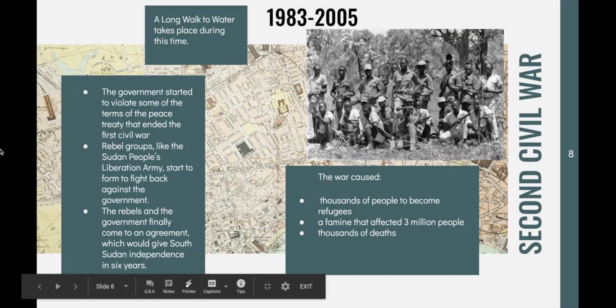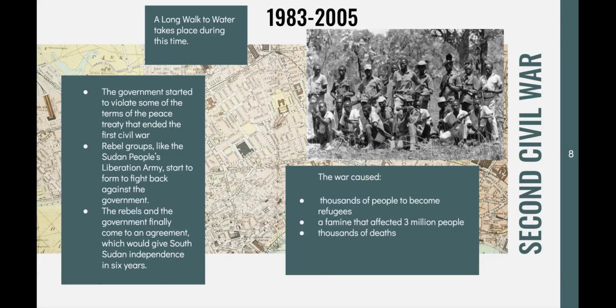That brings us to the Second Civil War. This is when A Long Walk to Water is taking place. So notice this is about 10 years later. Now, this doesn't mean that the fighting totally stopped and that people were just happy and peaceful in this time. People were still upset at the government. People weren't really happy with the way they were being treated.